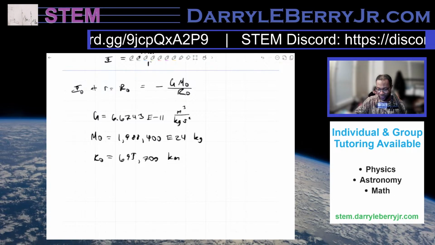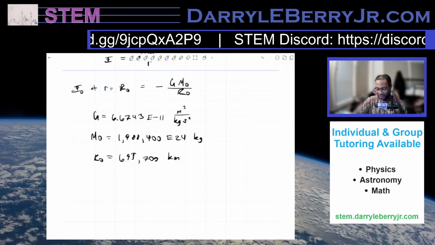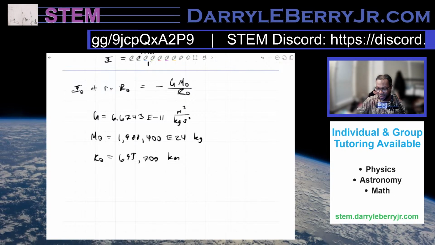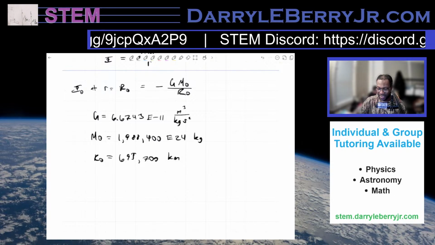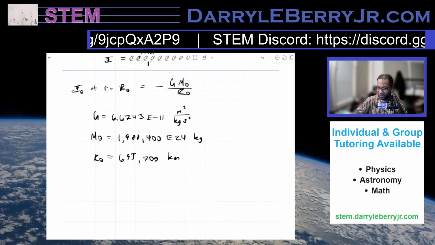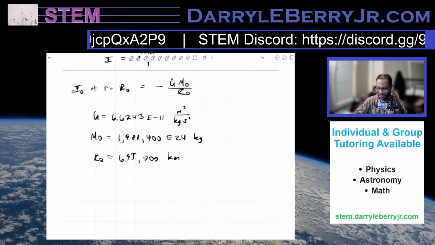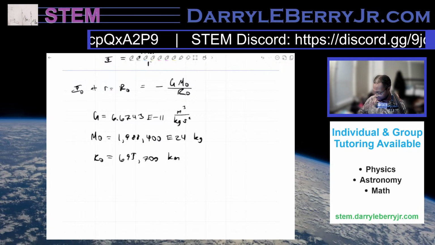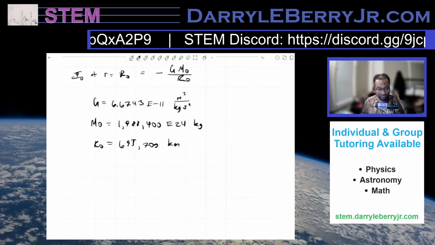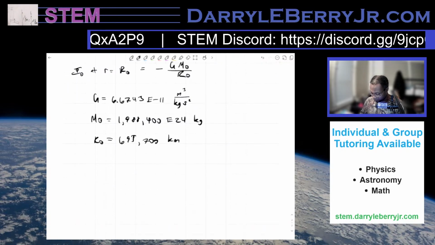But it was pretty close to the official. The official diameter is 865,000 miles, and I had 860,000 miles. But I'm not going to go through the process of converting that to kilometers. So let's keep going. We have this, and all we have to do is plug it in.